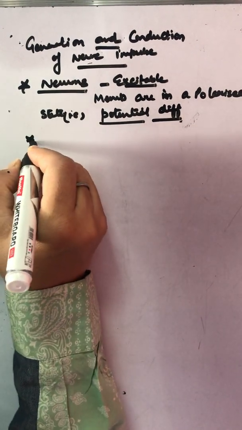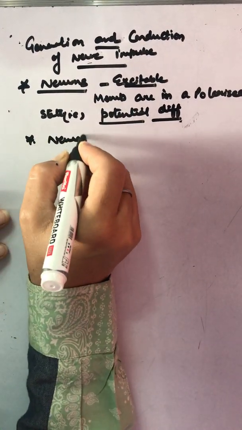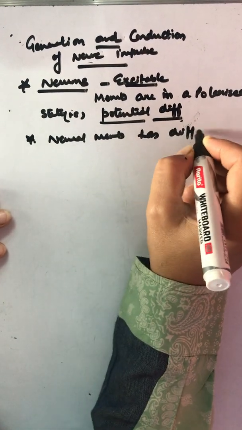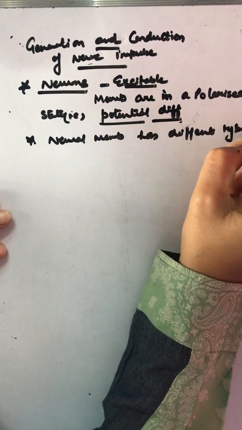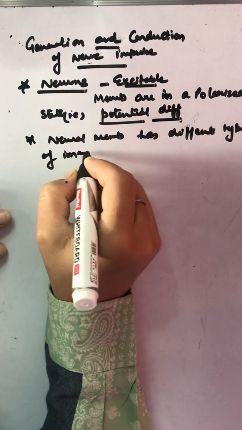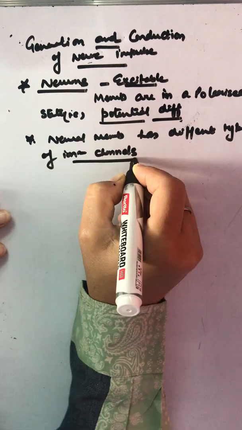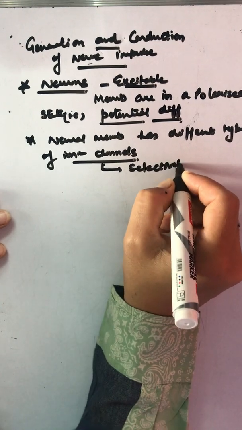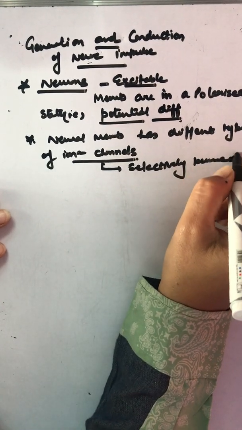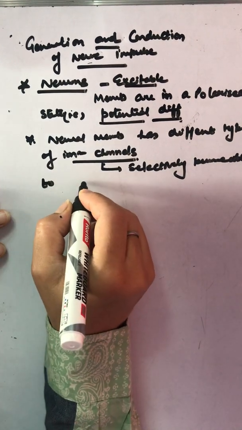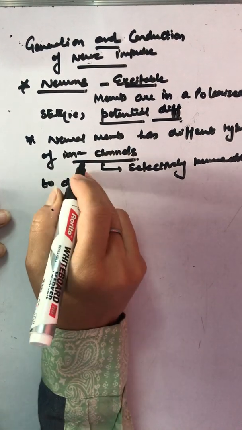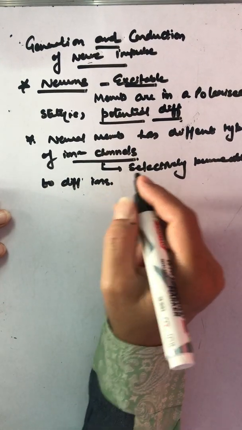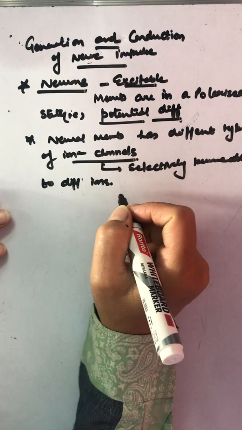And the second thing you should know is that the neural membrane has different types of ion channels. And you know, these ion channels are selectively permeable to different ions. It is not that only one ion will go in and out. No, there is a permeability criterion and that is different for different ions.